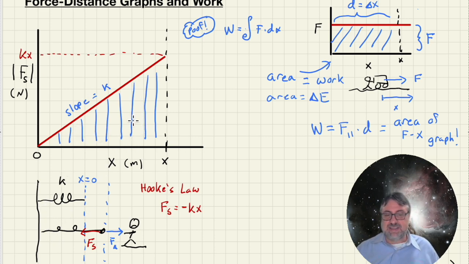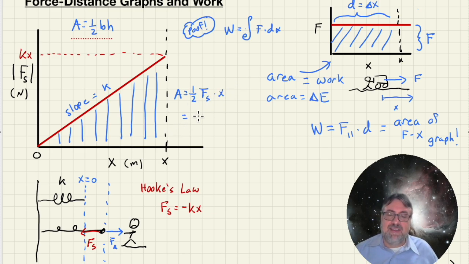And well, this is just a triangle, and I know how to calculate the triangle. The area of a triangle is equal to 1/2 base times height. So the area is equal to 1/2 the force of the spring times the distance x.